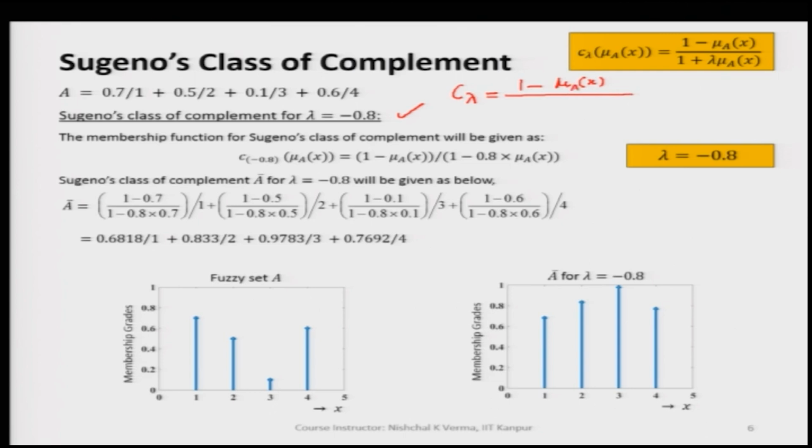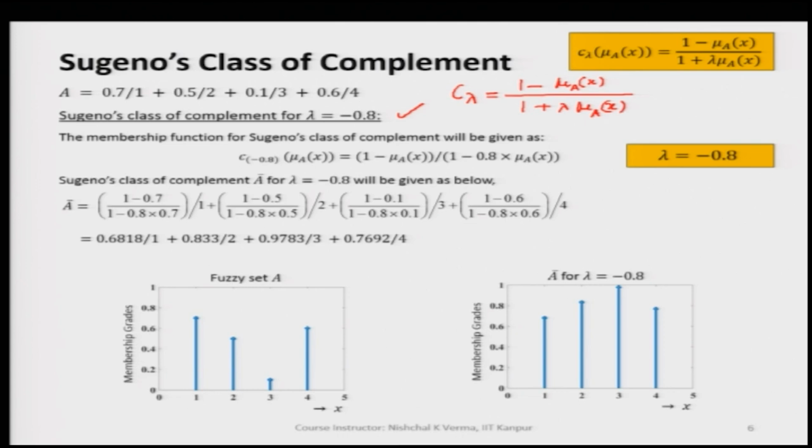If it is A, then we write here A, and then we have here 1 plus lambda mu A(x).